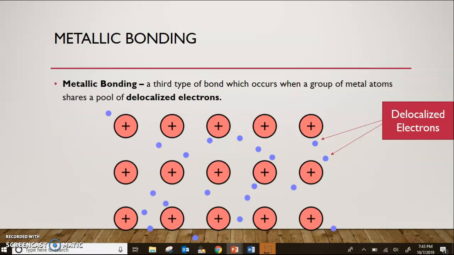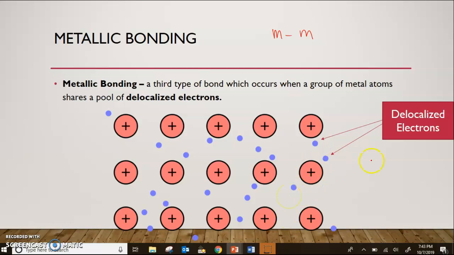So there is a third type of bonding, and it's metallic bonding, and it only occurs between metals and metals, hence why it's called metallic bonding. So metals versus metals is metallic bonding. You're not using your electronegativity values for this, but what you have is the cations of all of these metals surrounded by a sea of electrons.